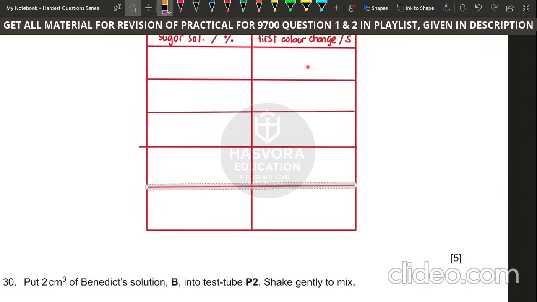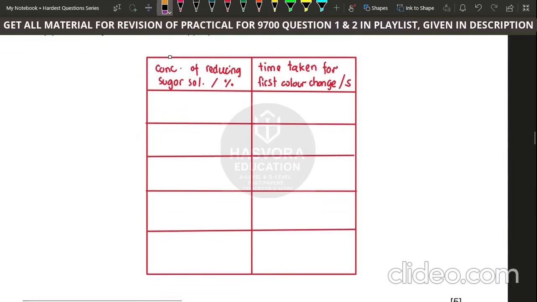So these will be all of the rows. Let me just correct this, and you have to make sure that the corners of the table are always closed, not like this but like this. They should not have a gap, because the examiner deducts marks for this. Then you have to place the concentrations in ascending order.